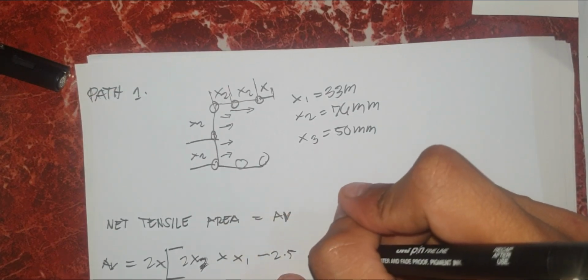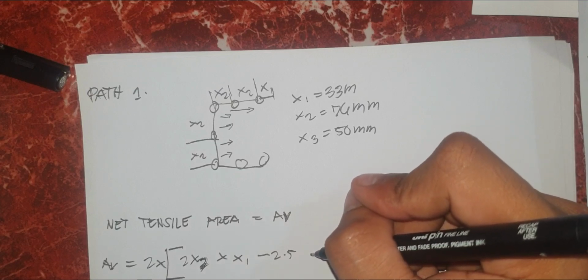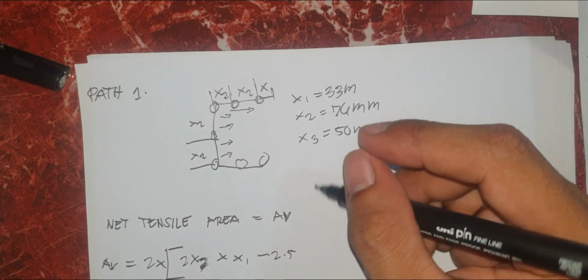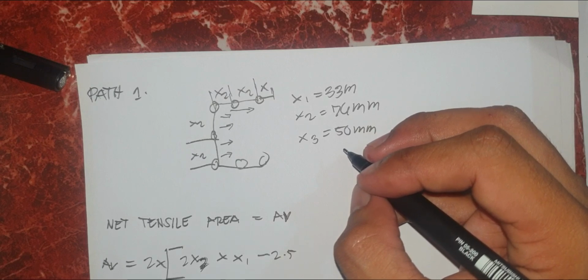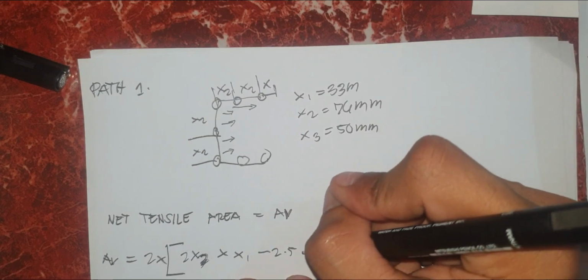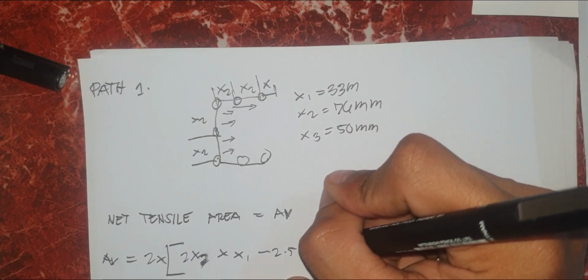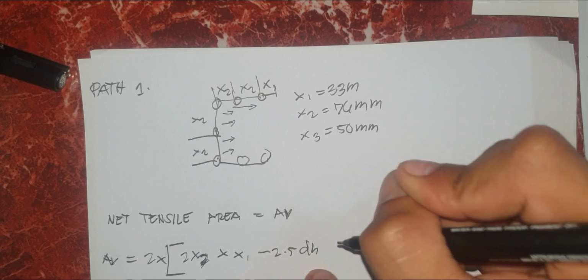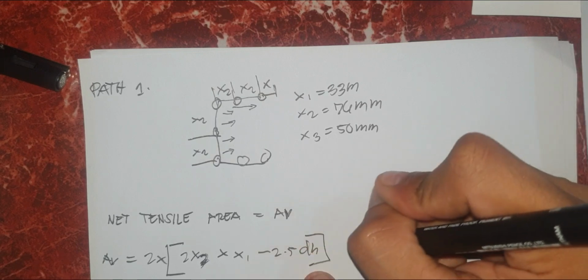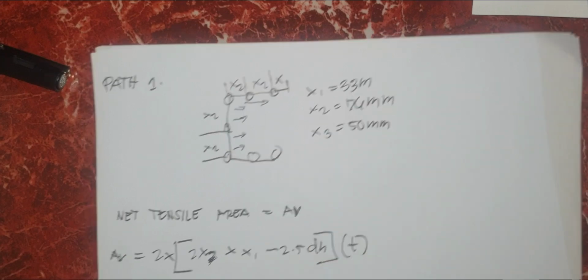This is given, this is constant. 2.5 dh, or whole diameter, times the thickness.